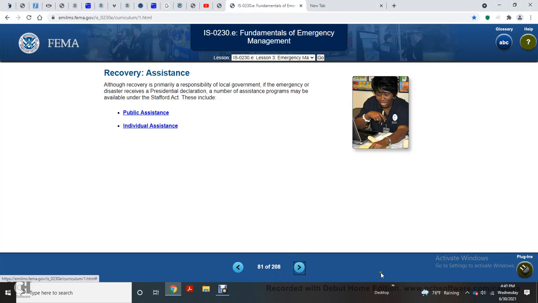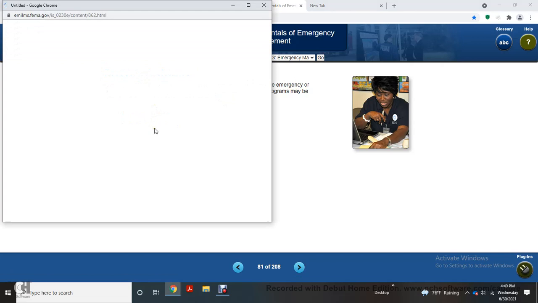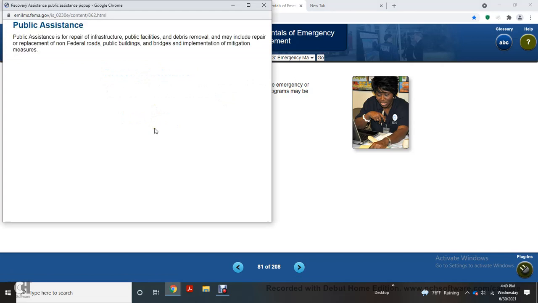Recovery assistance. Although recovery is primarily the responsibility of local government, with a presidential disaster declaration a number of assistance programs may be available under the Stafford Act. This includes public assistance and individual assistance. Public assistance to repair infrastructure and public facilities and remove debris may include repair or replacement of non-federal roads, public land, buildings, and bridges, and implementation of mitigation measures.